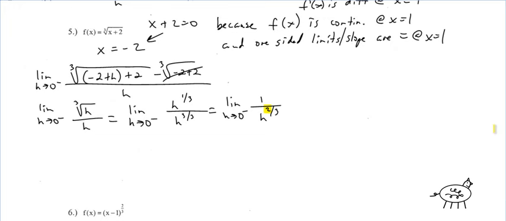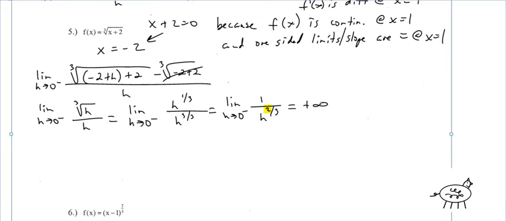So 1 over h to the 2/3 is actually going to positive infinity, because you're squaring a negative number and then taking the root of it, but it's still getting smaller and smaller. Now if you didn't square it, it would be a negative number and it would actually go to negative infinity. But this is going to positive infinity.